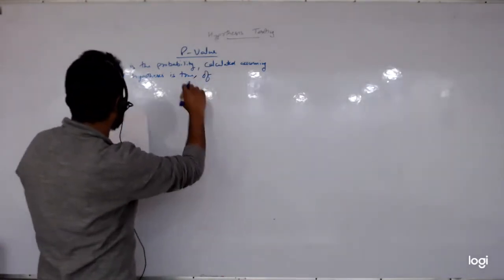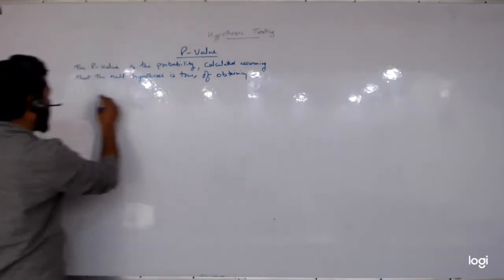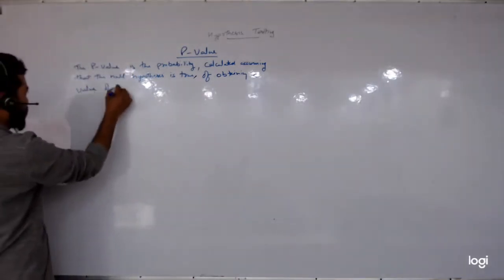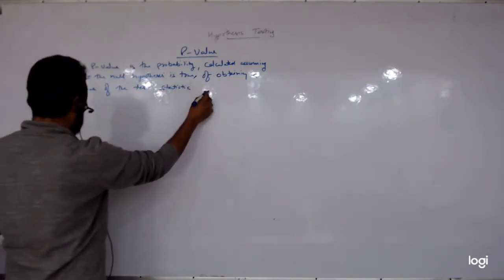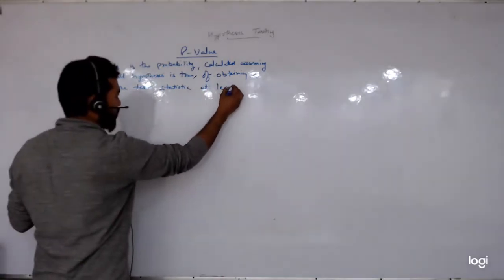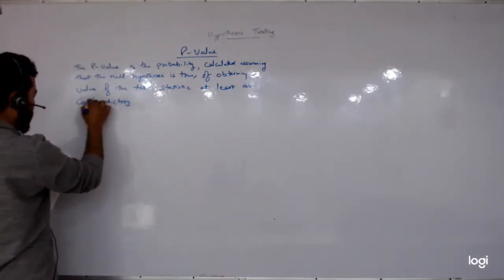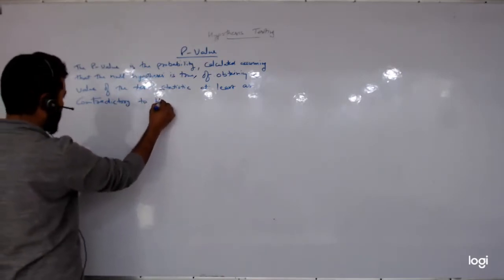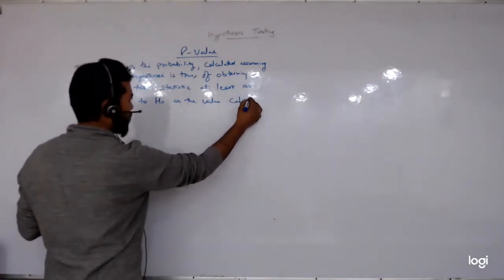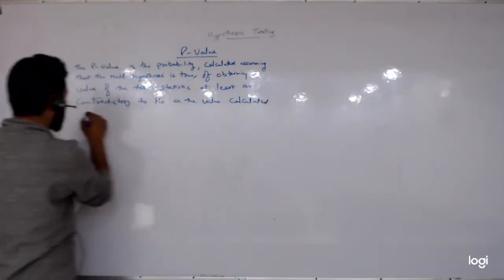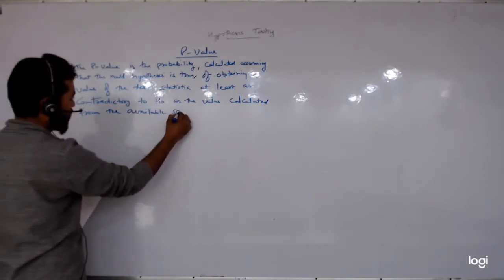And what are we calculating? We're calculating the probability of obtaining a value of the test statistic at least as contradictory to H naught as the value calculated from the available sample.